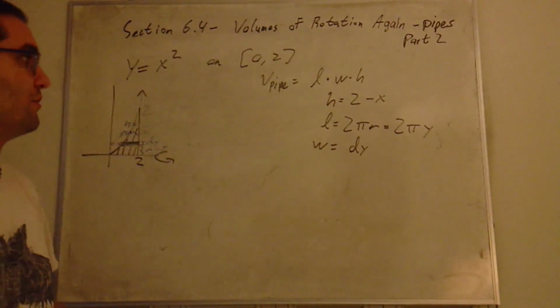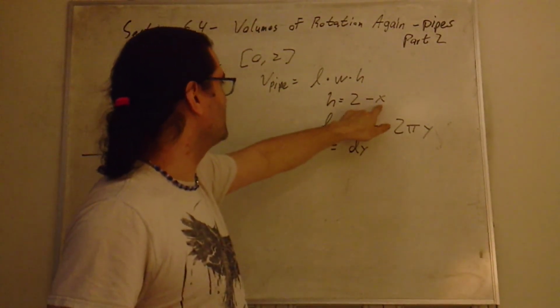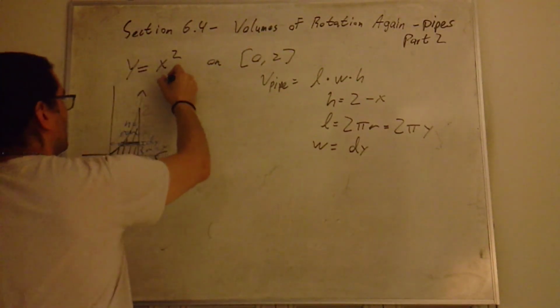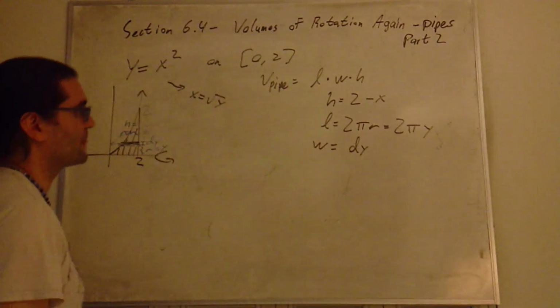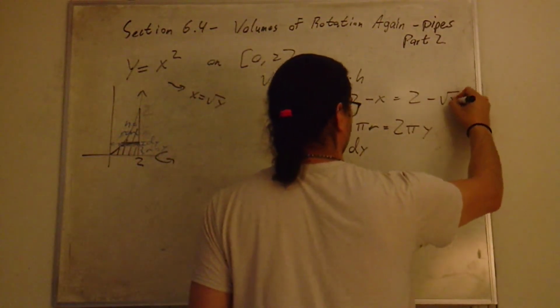So, if we're integrating this with respect to y, we need to switch this into something to do with y's along this curve. So if we solve this, we'll have x equals the square root of y. So that's how we're going to do the h. 2 minus the square root of y.